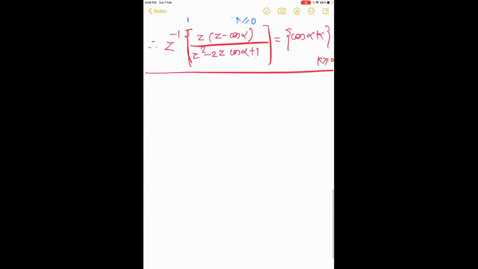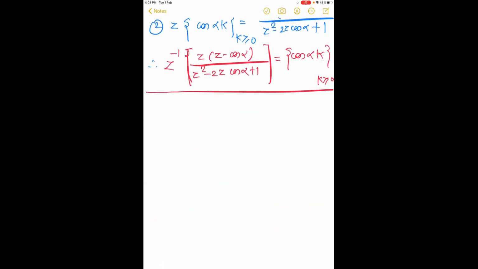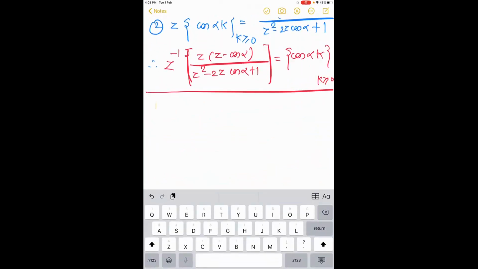Yes, you can see the screen now. This is what we did last time, a calculation for the inverses. Take down this example, where we have to find the answer for the inverse Z transform.